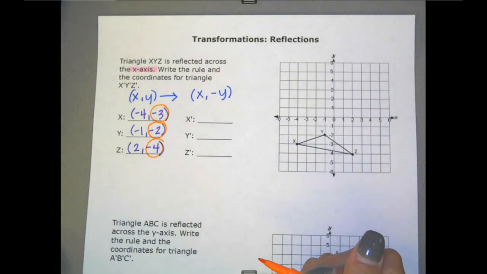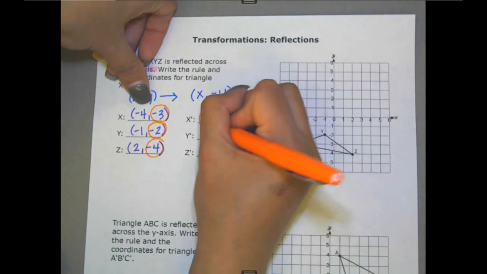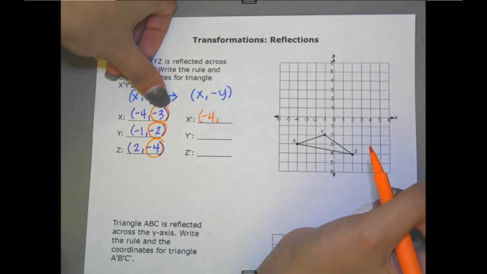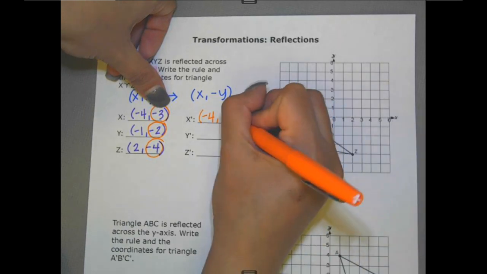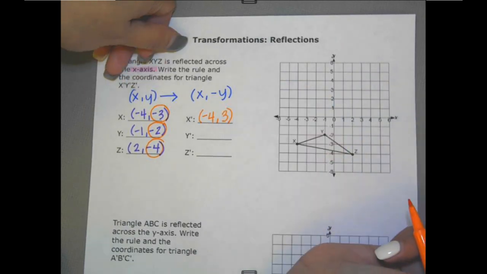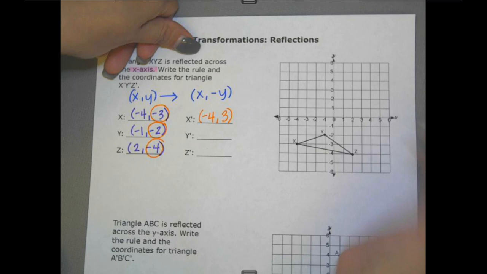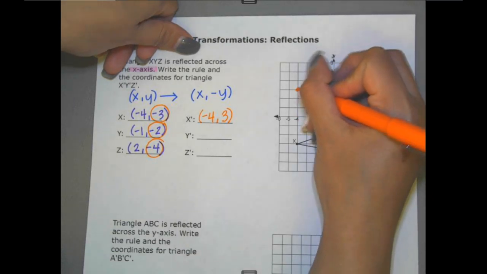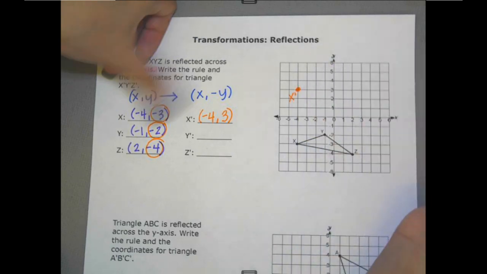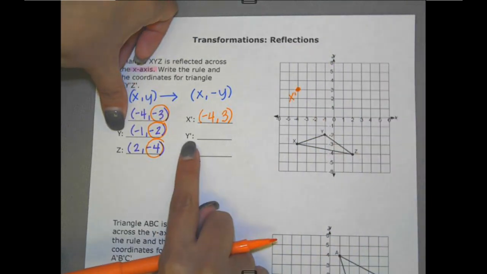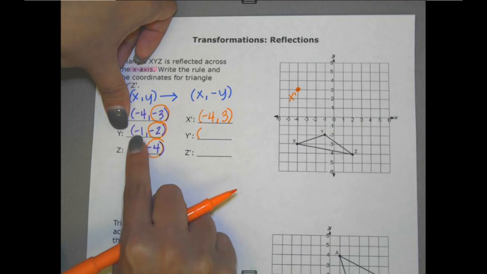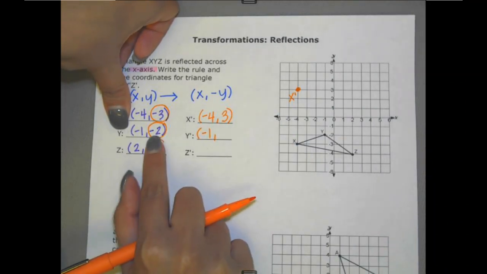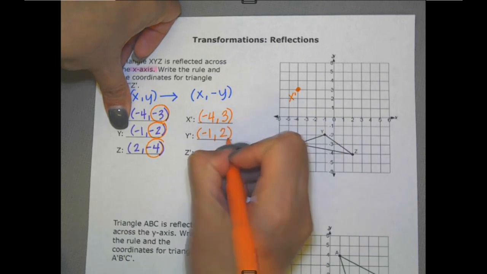So to get my new coordinates, or my prime, I'm going to write down my x. So -4 stays the same. And then the opposite of -3 is +3. So my coordinate for X prime is -4, +3. 1, 2, 3. That's X prime. So for my Y prime, I keep my x, so I keep my -1, and I do the opposite of -2, which would be +2.